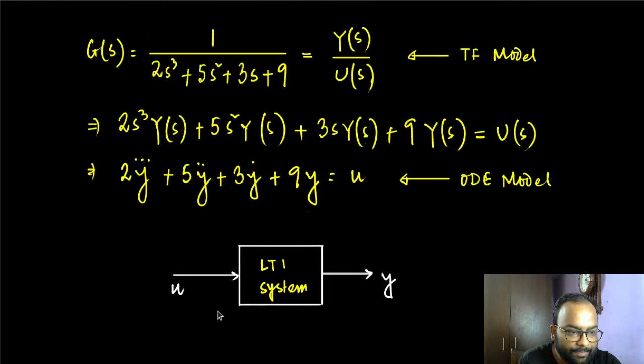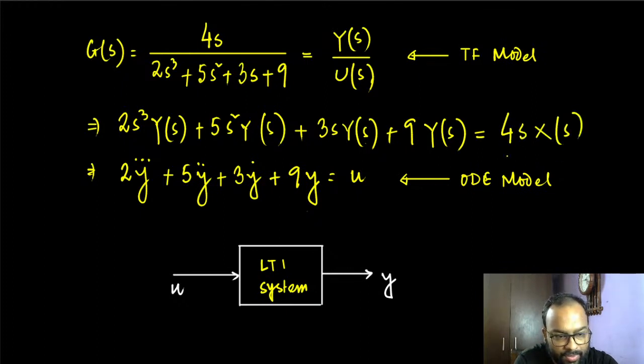Not a problem, right? Now what if I have something like 4s here in the numerator? That would indicate that I would have to write 4s times x(s) here.